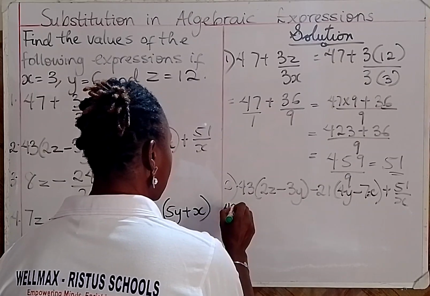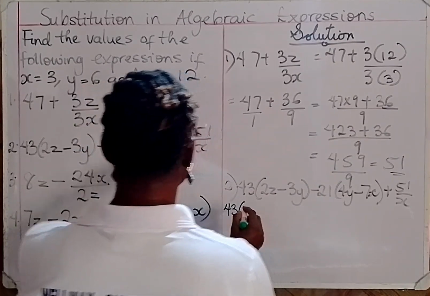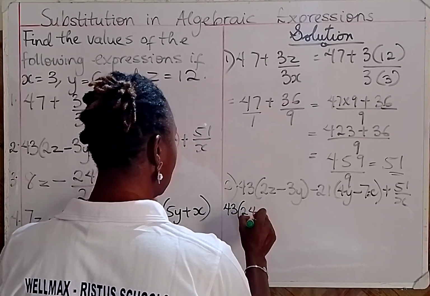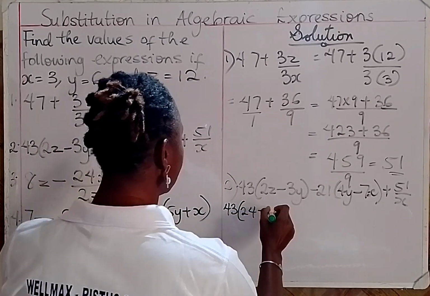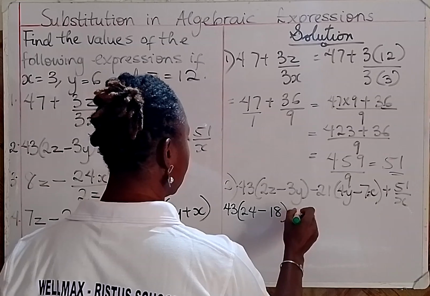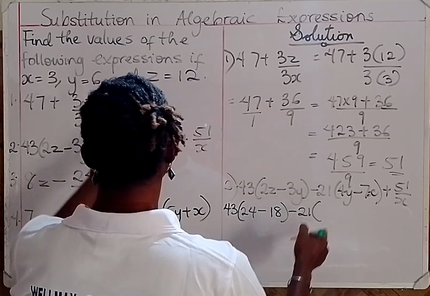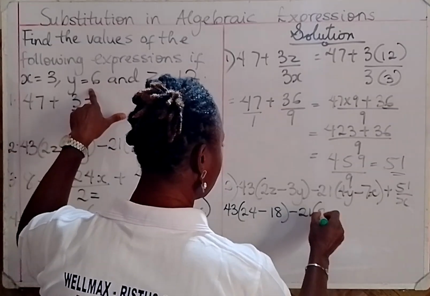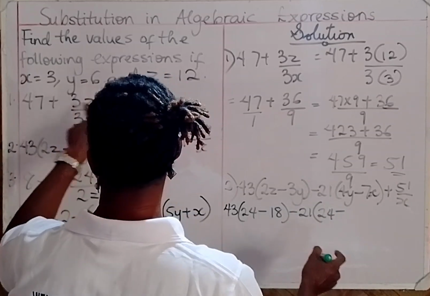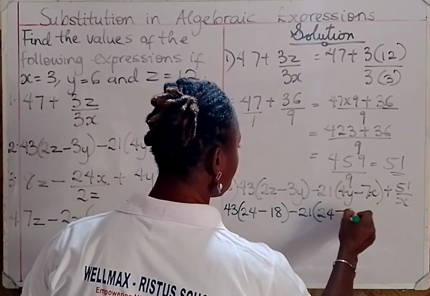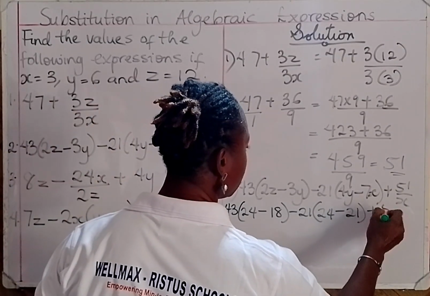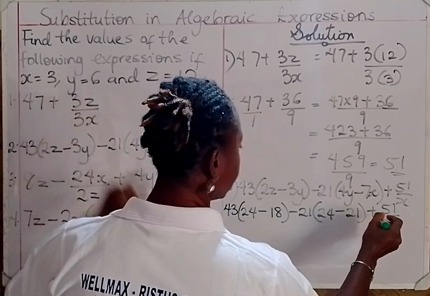So we have 43 into brackets 2 times 12, that's 24, minus 3 times 6 is 18, minus 21 into bracket 4 times 6 is 24, minus 7 times 3 is 21, plus 51 over x here is what?